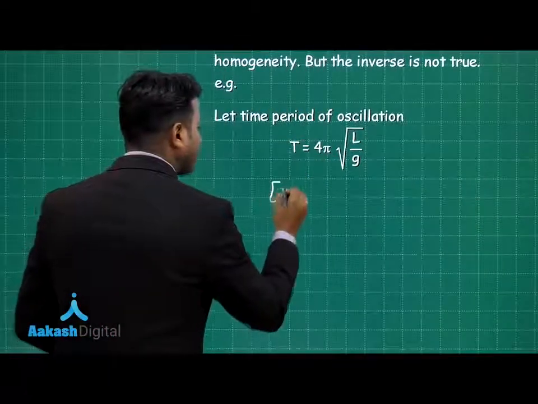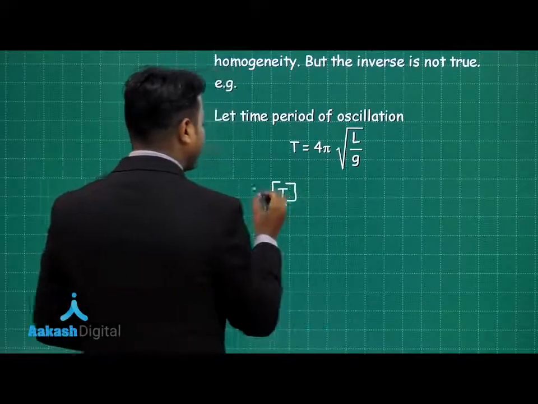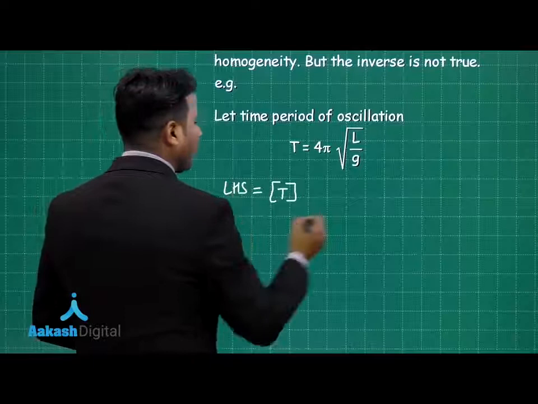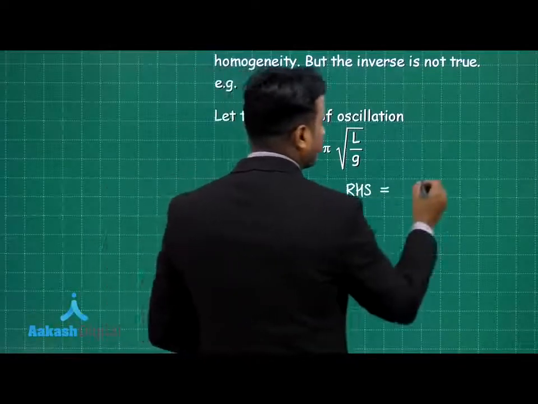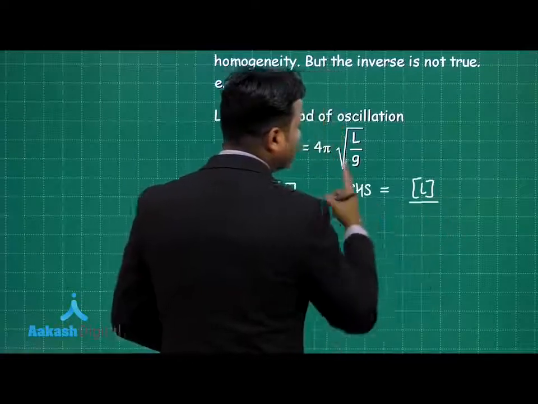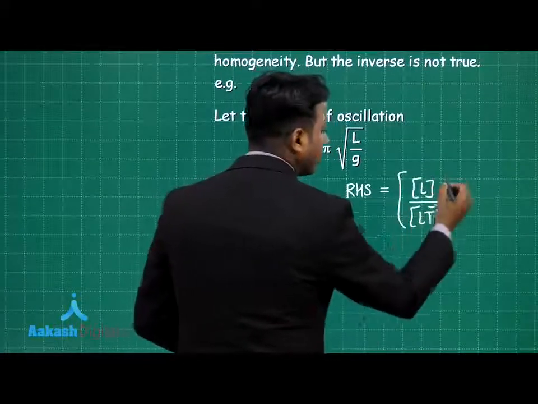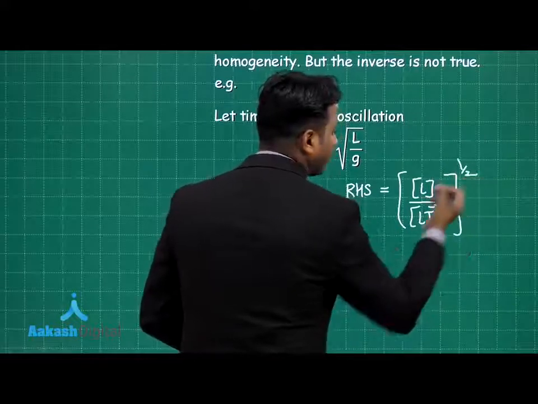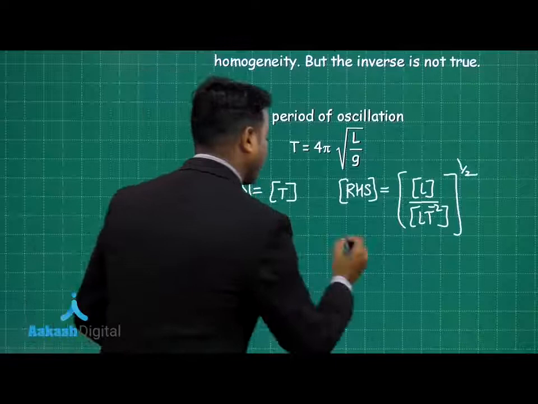Now tell me, the dimension of T will obviously be T in the square bracket. This is the left hand side. Now what about the right hand side? In the right hand side we have the dimension of L as length, the dimension of g as LT minus 2, and this whole thing has a power of half. So the dimensions of LHS and RHS we have calculated.